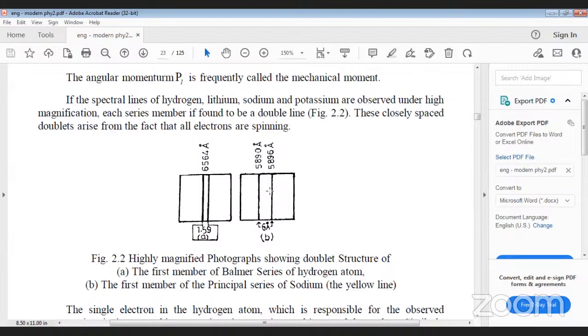This is for sodium color, and this figure is for hydrogen, Balmer series, that means H alpha. Lyman, Balmer, Paschen, Brackett, Pfund: different series are there. For Na, here there should be a closely packed 1.59 angstroms. But here for yellow color, 5890 and 5896.